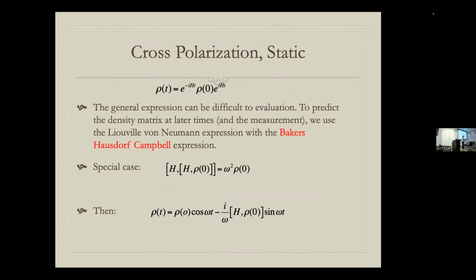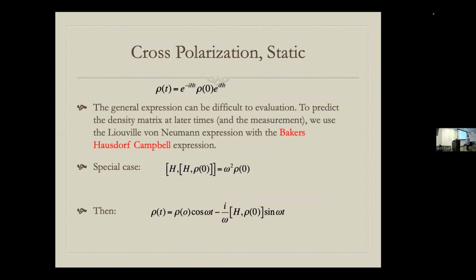For many cases, but not all, you'll discover that the resultant is proportional to the original density matrix. And what that'll turn out to mean in terms of dynamics of evolution is that you're going to oscillate between rho and this other thing, and then back to rho, and then to this other thing. That there are really only two kinds of coherences that pop up in this system. You start with rho naught, you make something else out of it, and when that thing decays, you come back to rho naught.